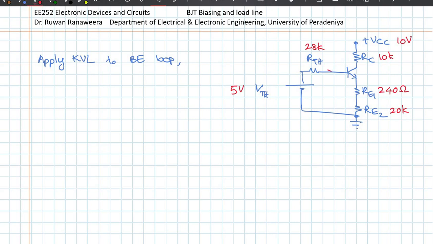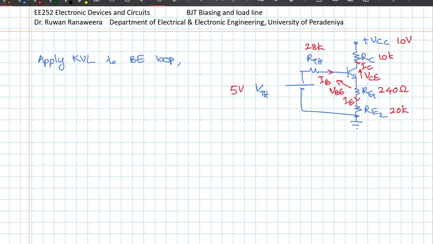You have the currents IB, basically you can say IBQ also. This is IE and this is IC, and the voltages we have VBE, capital VBE, and VCE.